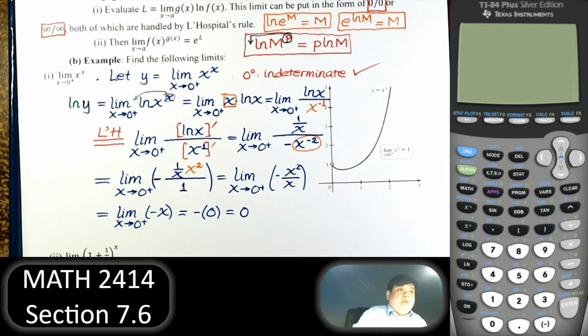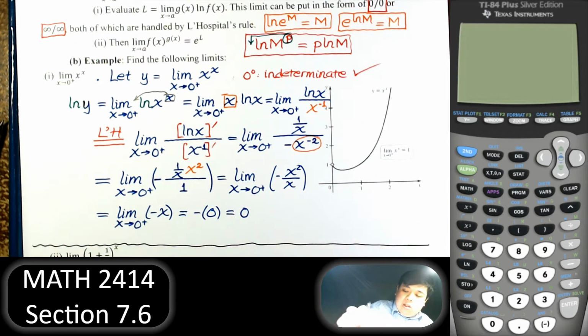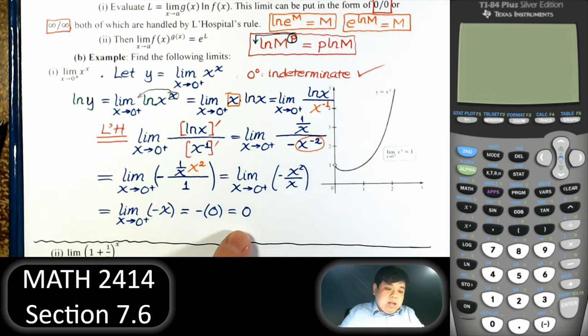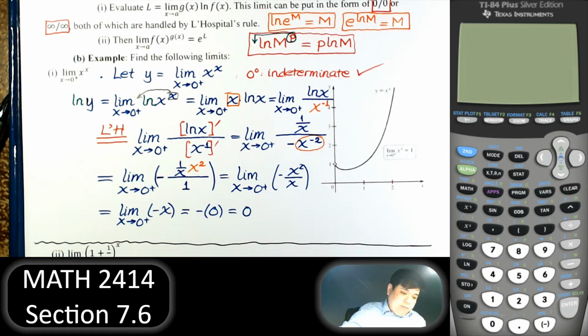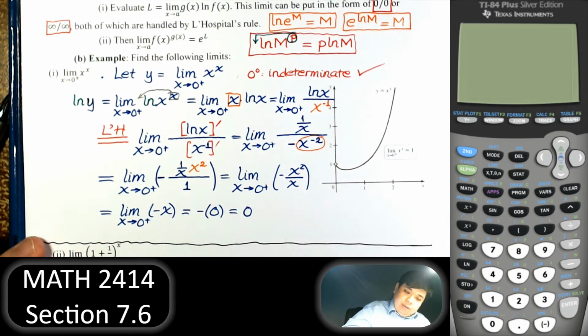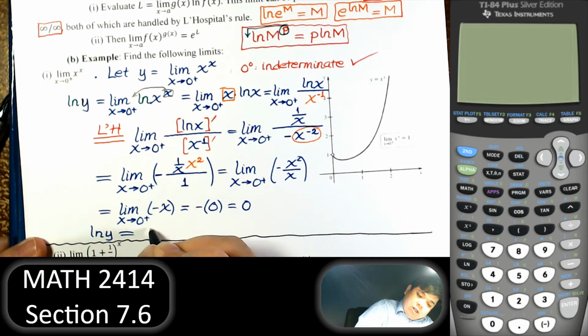It's not indeterminate form, so just put in the numbers. If it exists, that's the limit. So we have 0, right? That's not the end of it though. What we have is ln of y is equal to 0.